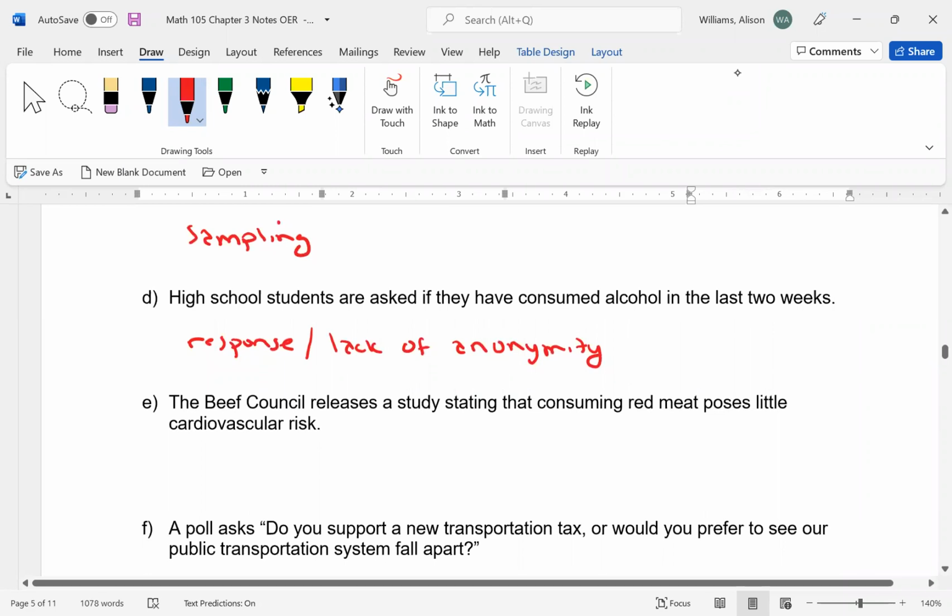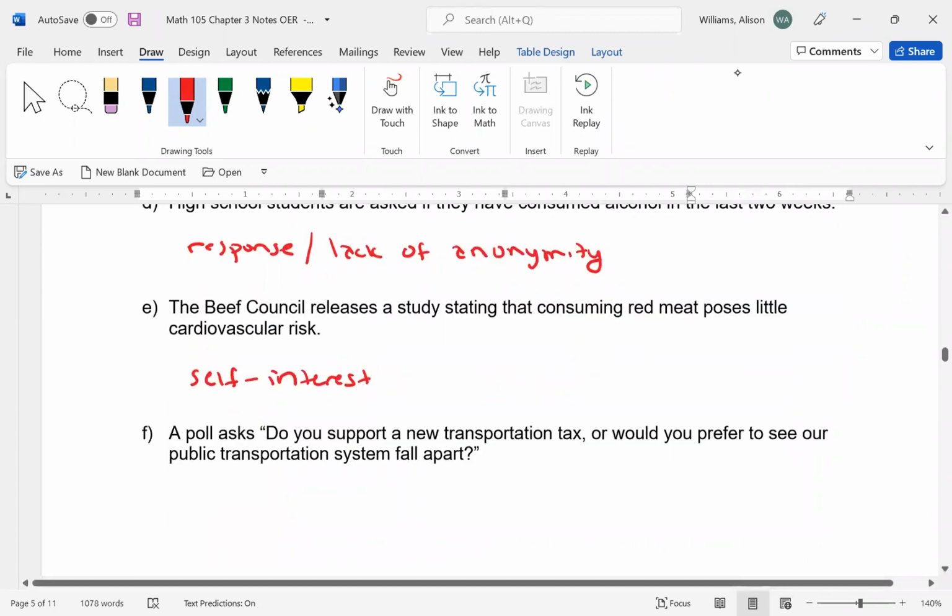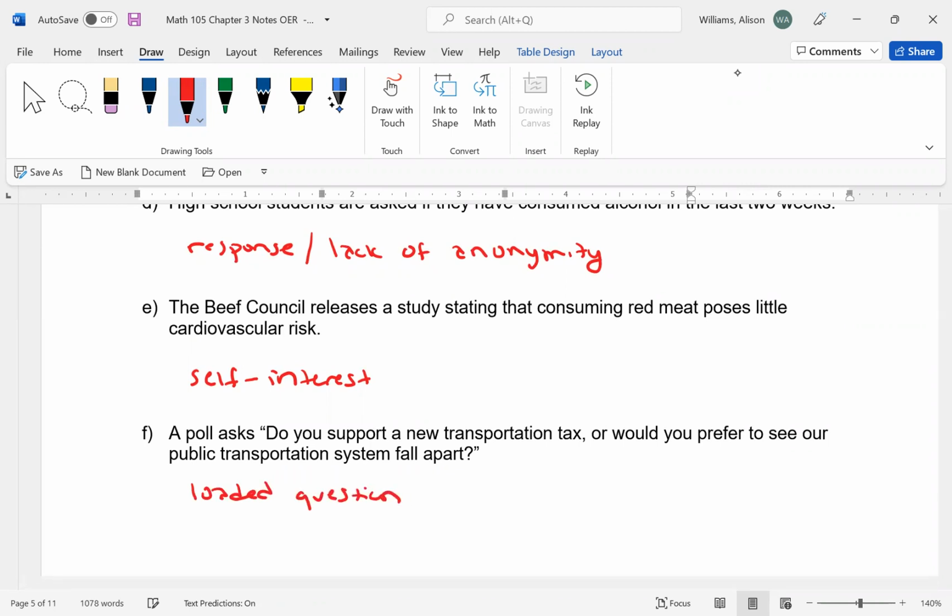Okay, well, that's already a problem because of self-interest, the people who are interested in anything having to do with red meat are giving the information out, and that's not good. A poll asked, do you support a new transportation tax, or would you prefer to see our public transportation system fail? Wow. Okay. Or fall apart. That's a loaded question. And that can happen. Questions can be written in a way that it kind of tells you what the person is hoping you will answer.